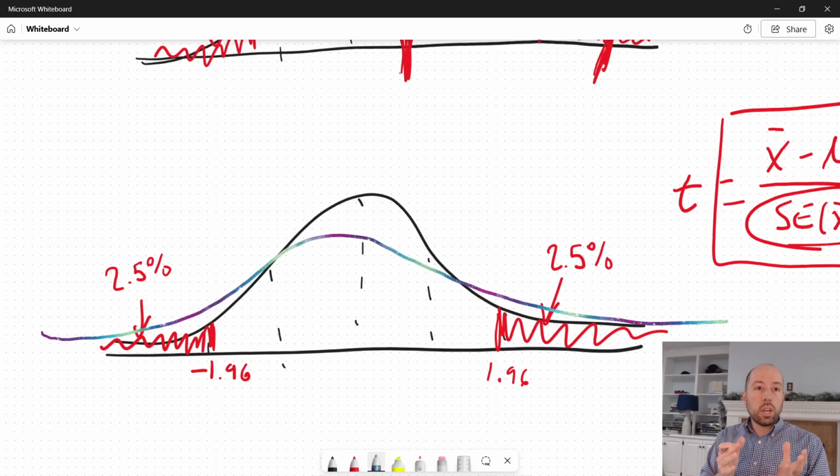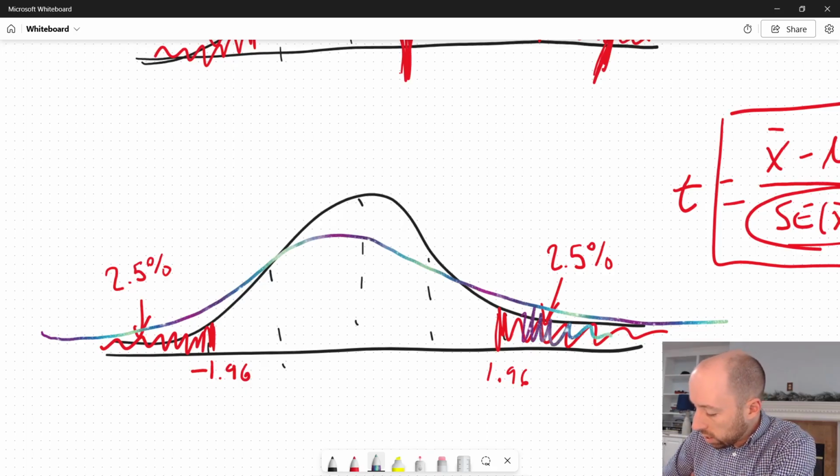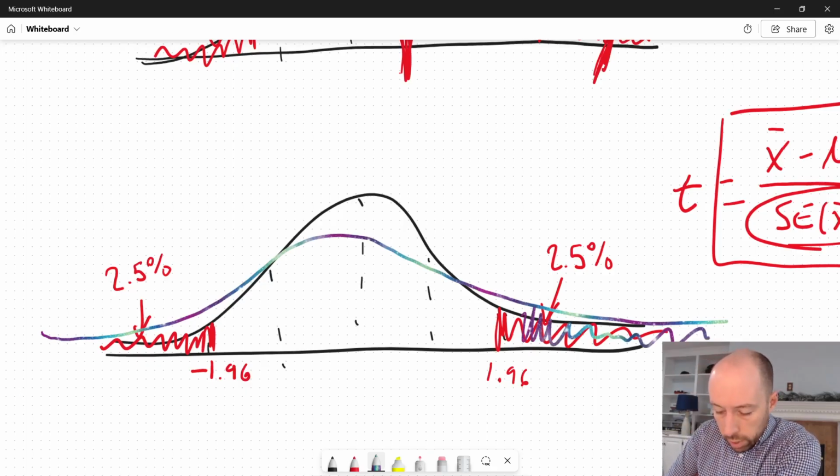If I find the critical values such that there's only 2.5% of probability left in this new shape that's a bit too fat out there in the tails, you'll notice, well, 2.5%, it's supposed to be about the same amount of area. I've got to go out a little bit further to find those critical values.